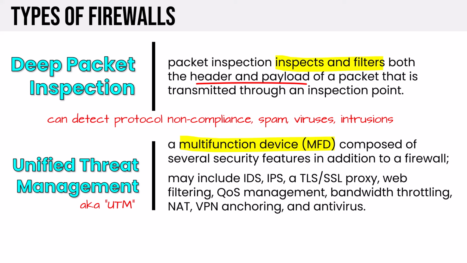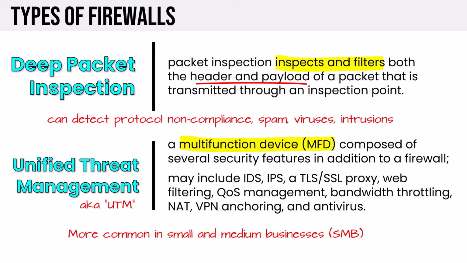So many functions rolled up into one box means it's going to be well suited for small and medium businesses. So that's typically where you'll find a UTM. You can imagine with all of that functionality running through a single appliance, its ability to scale is going to be a bit less, but with unified management like that, it's also going to be a bit easier to manage for an IT generalist that would be common in a small business.